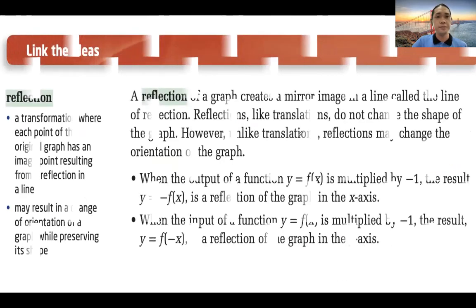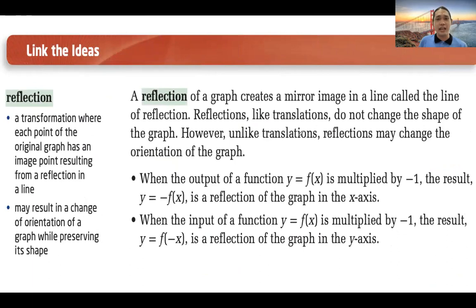So now let's link all the ideas that we have in the investigation part of this activity. We can define a reflection formally in this way: a transformation where each point of the original graph has an image point resulting from a reflection in a line.